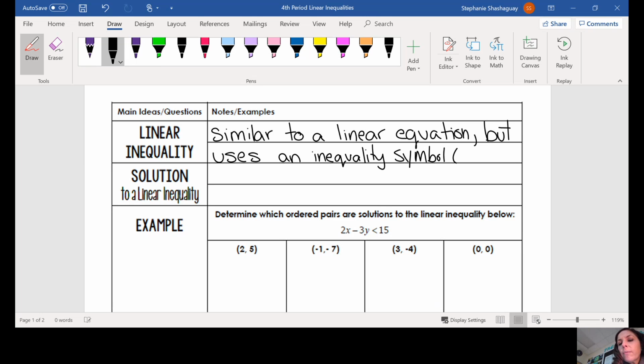Right, which is less than, greater than or equal to, less than or equal to.